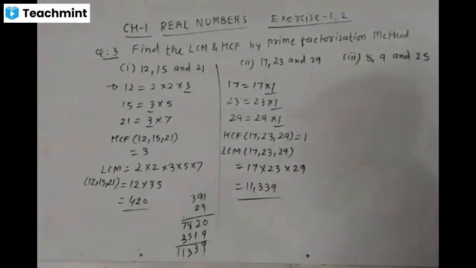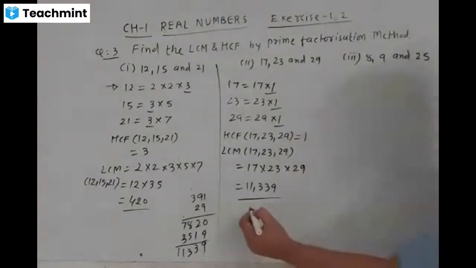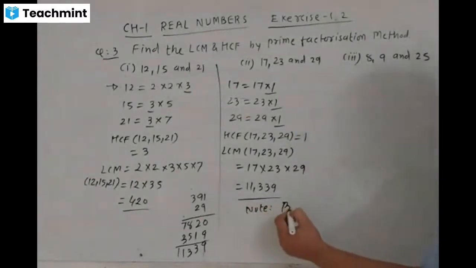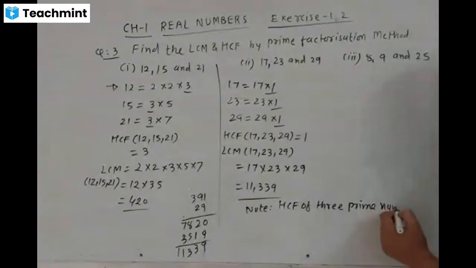If you remember this, इससे नया हमें एक रूल्स मिलेगा. If prime factors, इसका एक नया रूल्स बनेगा. HCF of 3 prime numbers. HCF of prime numbers is always 1.